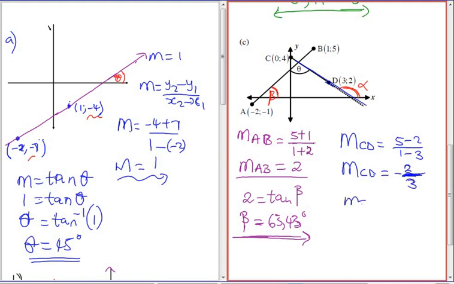So from what we know, m is equal to tan, and in this situation we're talking about tan alpha, right? So we can easily get alpha if I put minus 2/3 here, I'll say is equal to tan alpha. So getting alpha is going to be easy. If you use your calculator properly, you should get your alpha is negative 33.69. It should be in degrees, okay?